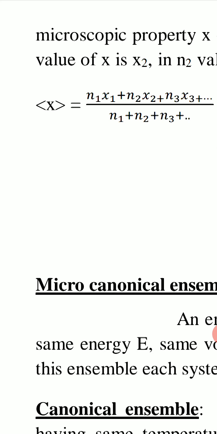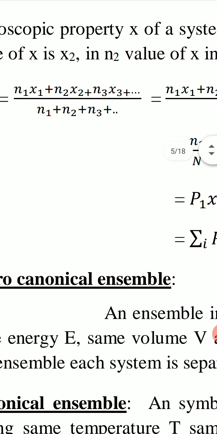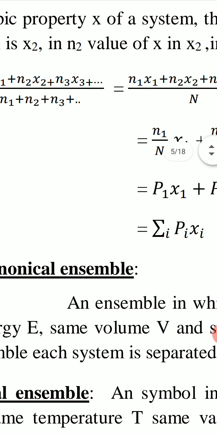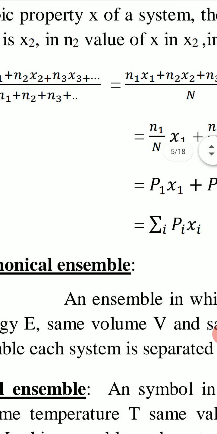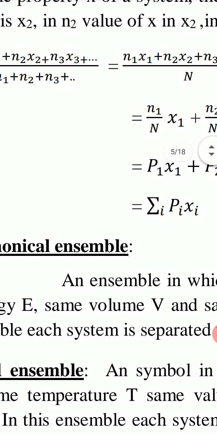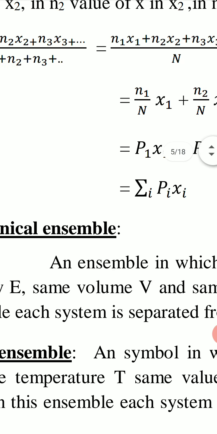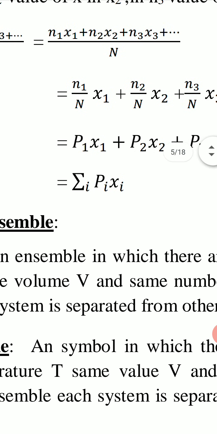Mean value of X is equal to N1 X1 plus N2 X2 plus N3 X3 and so on, divided by N1 plus N2 plus N3 and so on. It is equal to N1 X1 plus N2 X2 plus N3 X3 and so on, divided by capital N. N1 plus N2 plus N3 is equal to capital N, the total number of systems.